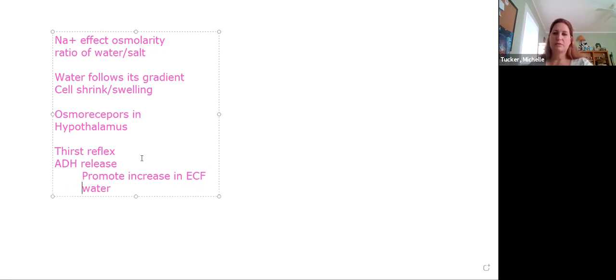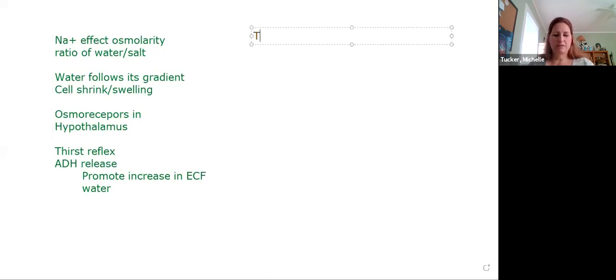The thirst reflex would do this by you ingest water, eventually gets taken up by the small intestine, and then it will get reabsorbed into the plasma, extracellular fluid. ADH reabsorbs water from the collecting duct, and then it goes from the vasa recta into the extracellular fluid compartment.